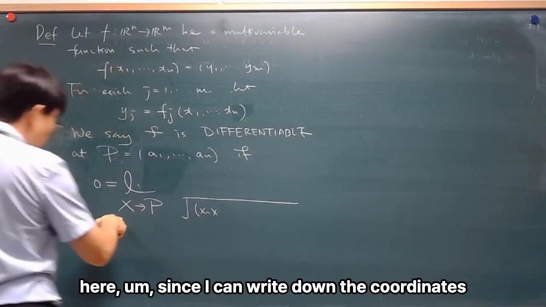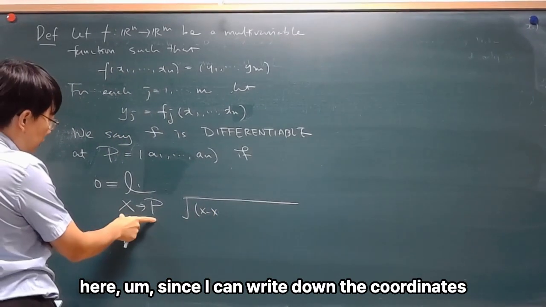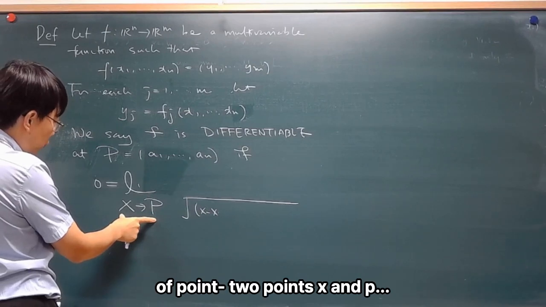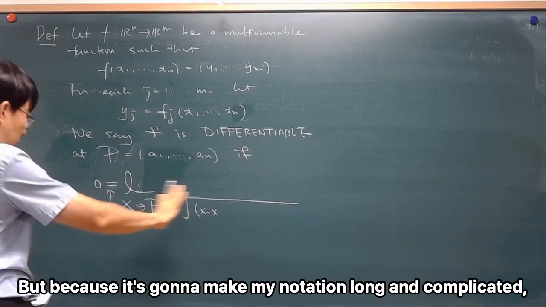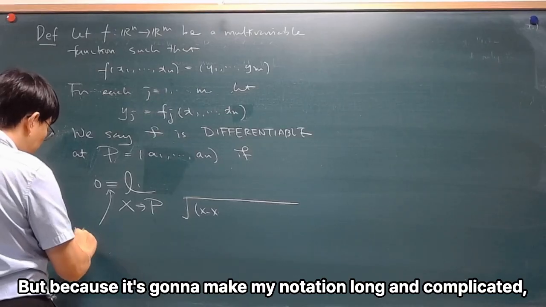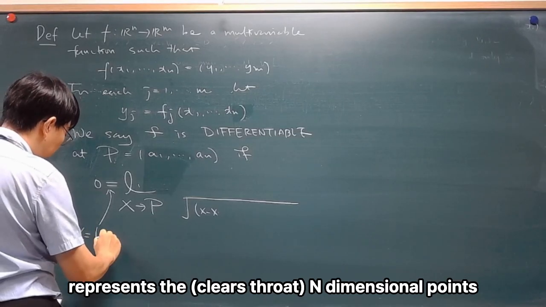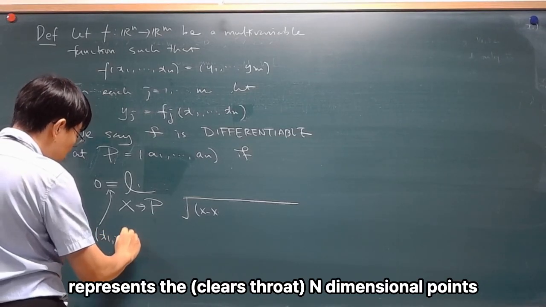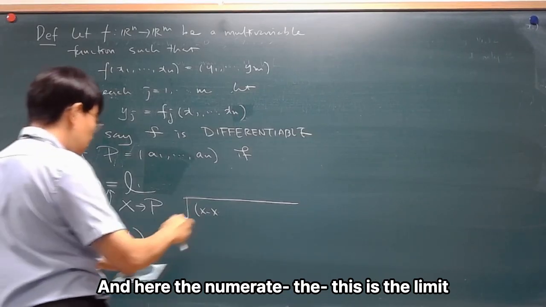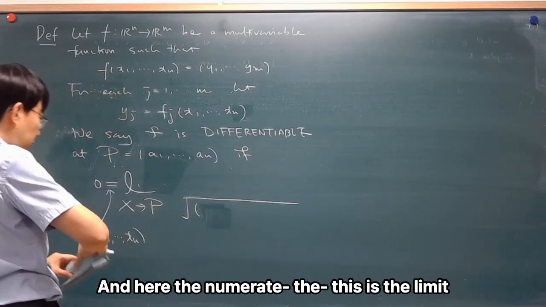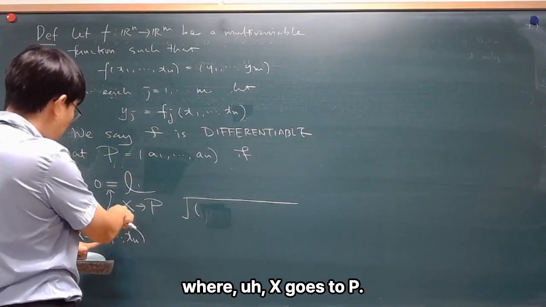Here, since I could write down the coordinates of two points x and p, but it's going to make my notation long and complicated, I'm going to assume that x represents the n-dimensional point whose coordinates are x1 to xn, and here this is the limit where x goes to p.